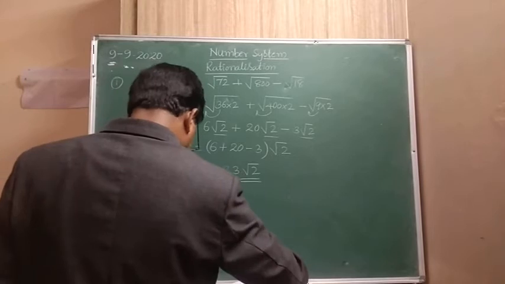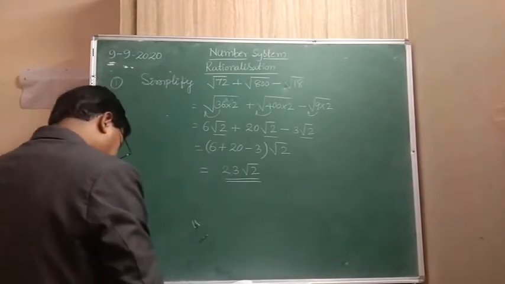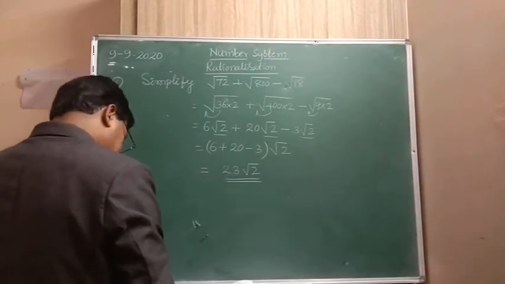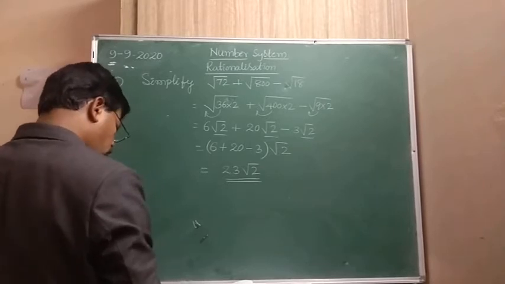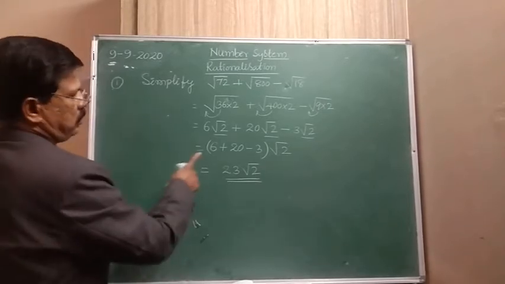Now, state with reason whether root 20 into root 5 is a surd or not. Is it clear?